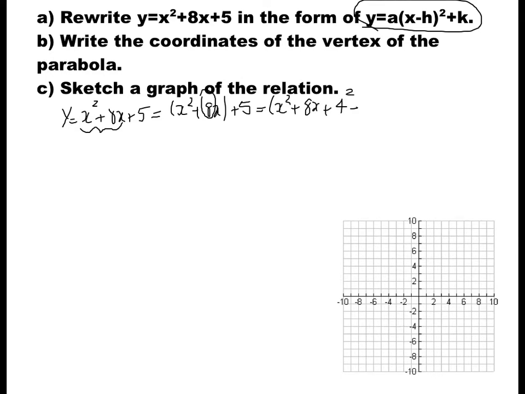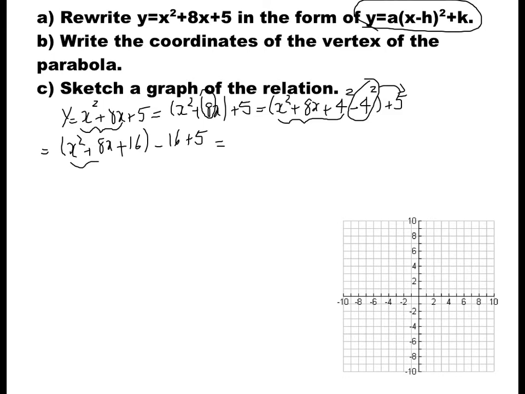I add and subtract 4 squared, so nothing is changed here. Now I take these three terms together, x squared plus 8x plus 4 squared, which is 16, and then I take the subtracted term out and combine it with 5, so I get minus 16 plus 5.